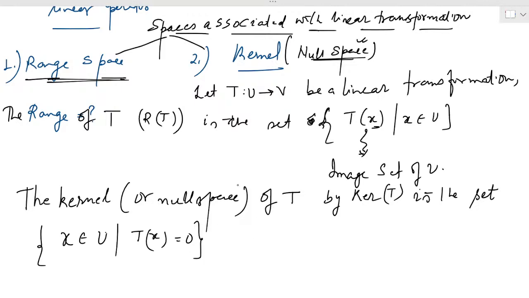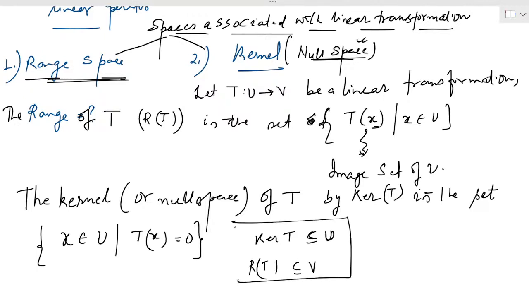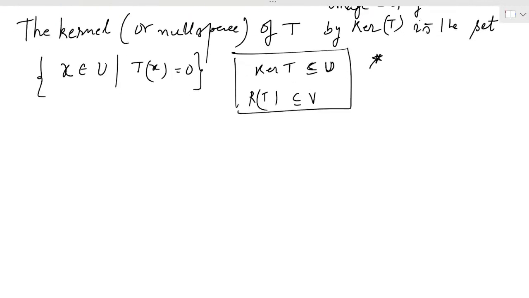Understand, this null space is going to be a subset of U, obviously. That is, the kernel of T is a subset of U, and the range will be a subset of V, obviously. Now let us identify a few of them, and then you'll be able to understand.